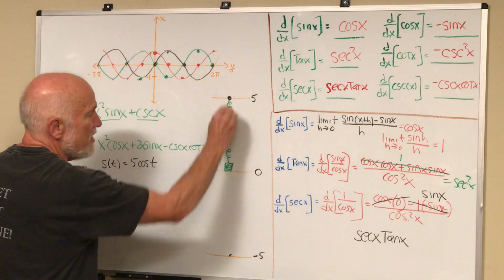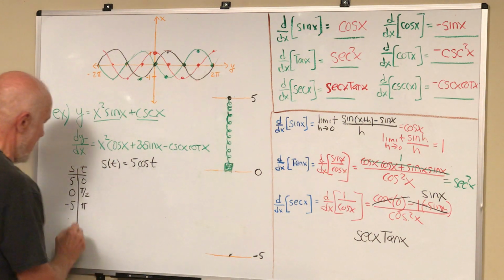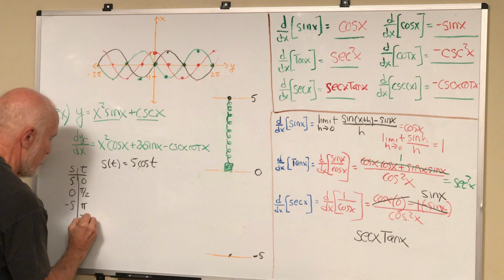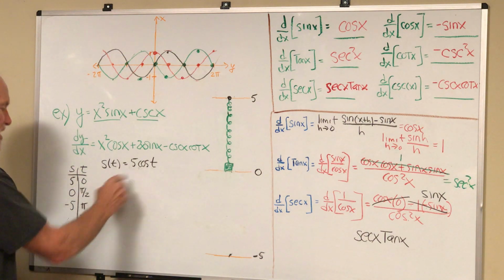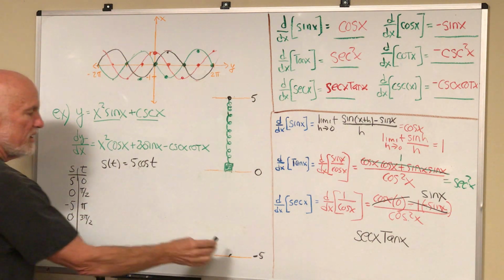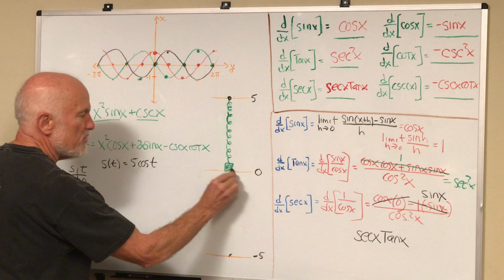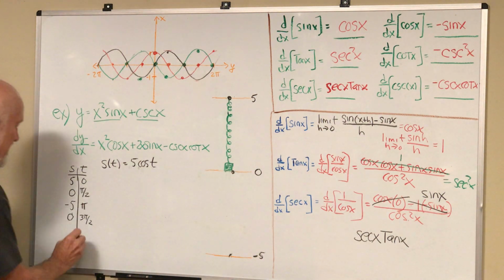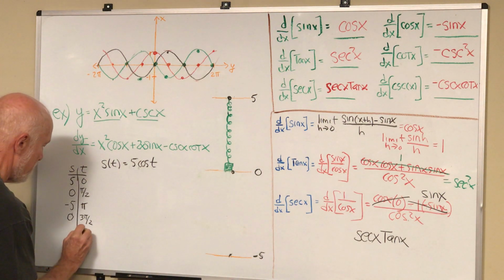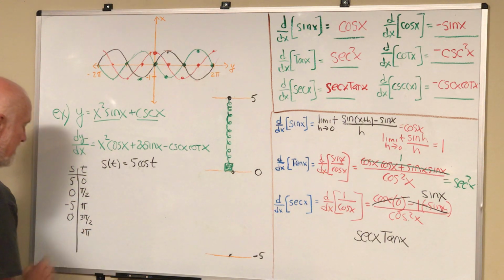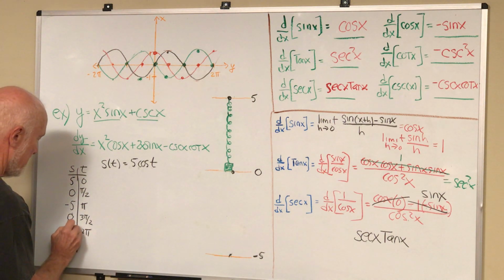So it's going from here to here to here, and then at 3 pi over 2, the cosine is going to be back down to 0, so it's going to get back to this position again, and finally, at time 2 pi, it's back up to 5 again.